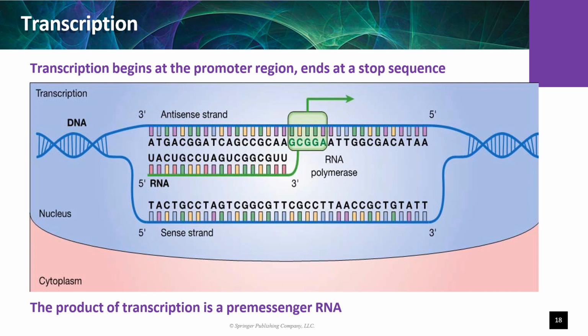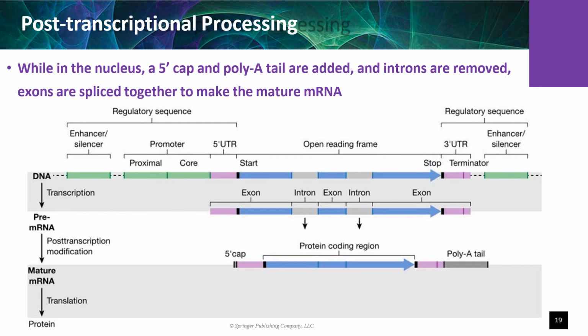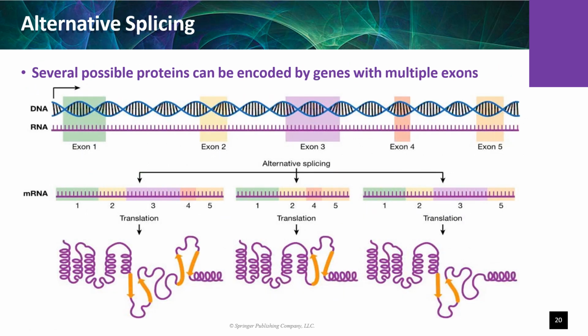The terminator region instructs the RNA polymerase where to end the coding. Coding regions are expressed regions or exons, and non-coding regions are known as introns. During alternate splicing, different proteins are produced by splicing together different combinations of exons.